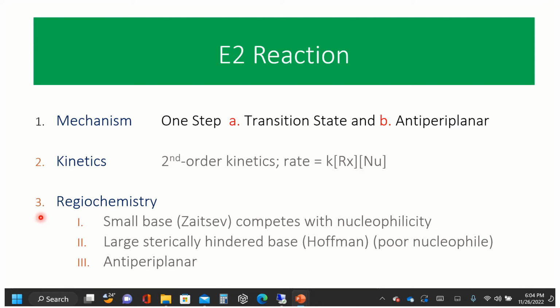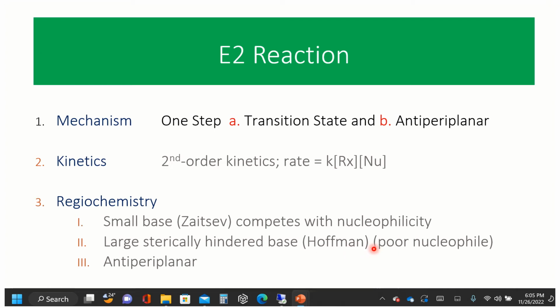As far as regiochemistry is concerned, which is what the resulting geometry will be, we'll notice that small bases will realize the Zaitsev product. But remember, we're competing with nucleophilicity, i.e. we can get the substituted product with a smaller base. With a large sterically hindered base, then we end up with the Hofmann species.